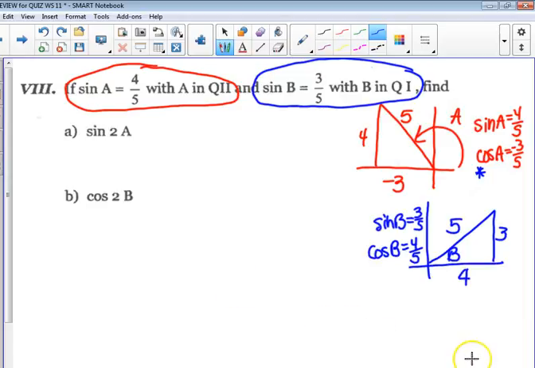So for this question, sine of 2A, actually all we need is A, right? The formula is 2 times the sine of A, sine of B. And you plug those values in, you'd have 2 times what?